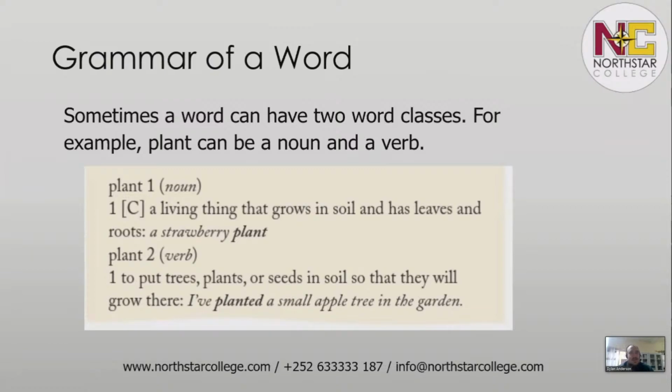Without the sentence, you don't know if it's a noun or an adjective or a verb, unless you understand how to look for those things. But the sentence will help you understand how to use the word and how it fits into a sentence. So that's the first thing it can give you, the grammar of a word.